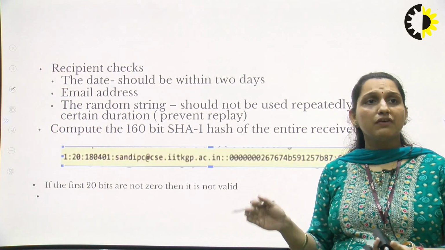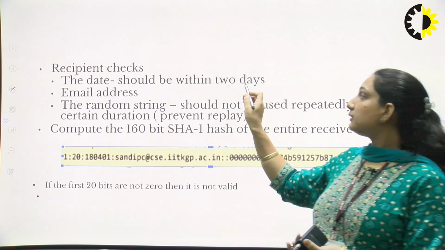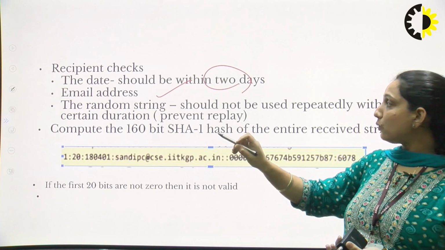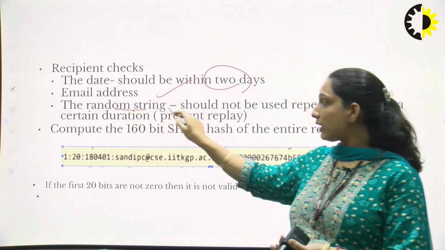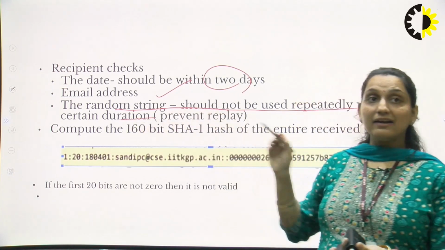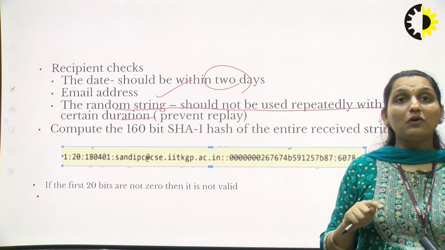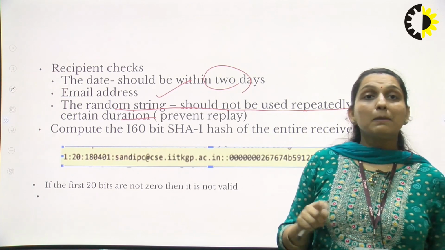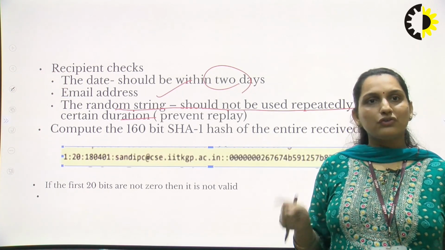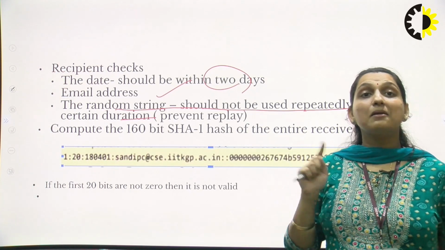So at the receiver side, the date has to be within 2 days, the email ID has to be valid, and then the randomized string must not be used repetitively. Because in a replay attack, they have the same hash code repetitively, so we say that this is a replay attack.